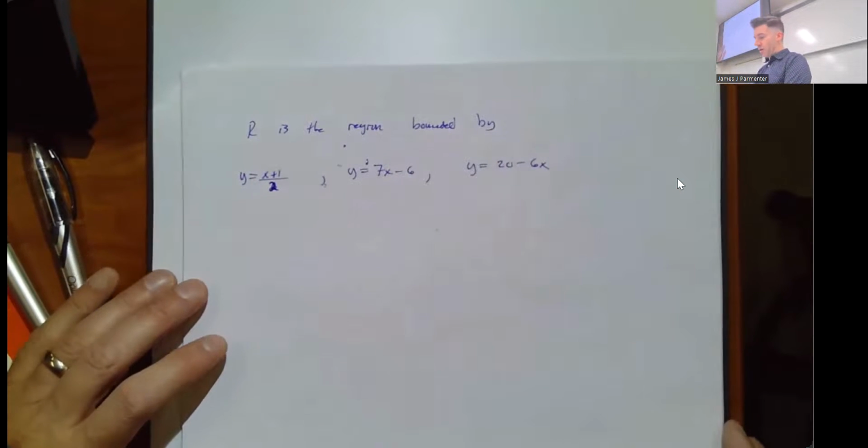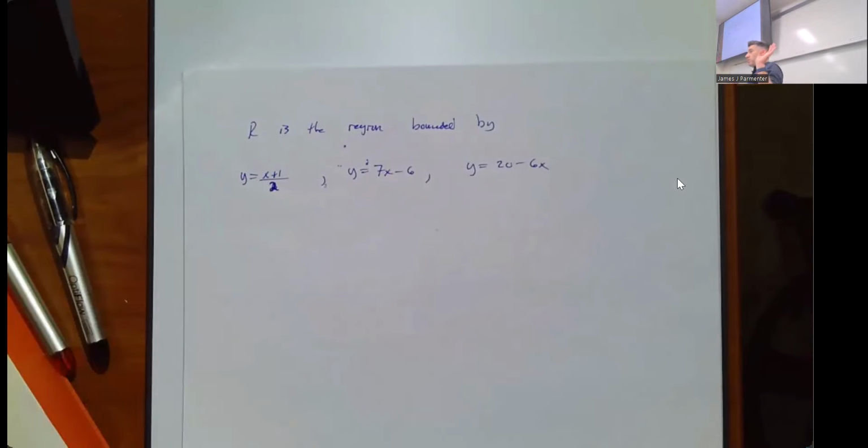And before we get going here, we notice that all three of these things are what kind of graphs? Parabolas, circles. What are they? They're all lines. So that means we're probably going to have a triangle if we've got the region bounded by 3 straight lines.